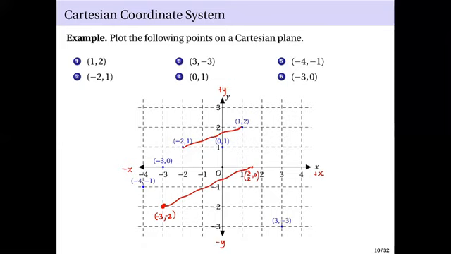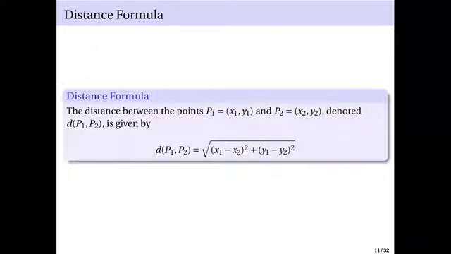Here we have what we call the distance formula. The distance between the points P1 with coordinates x1 comma y1 and P2 with coordinates x2 comma y2, which we denote by d of P1 comma P2, is given by this formula in here.